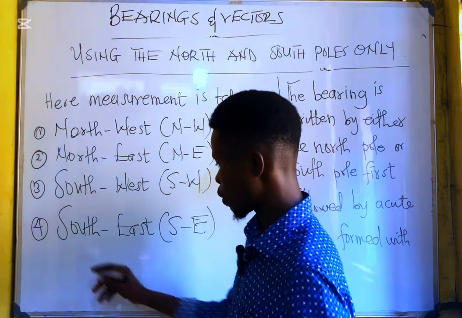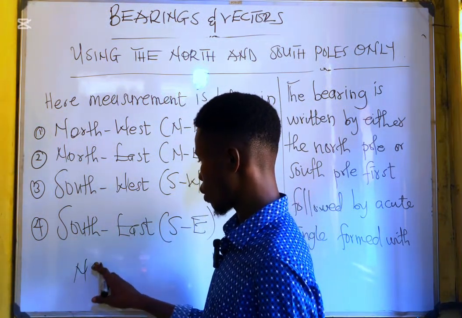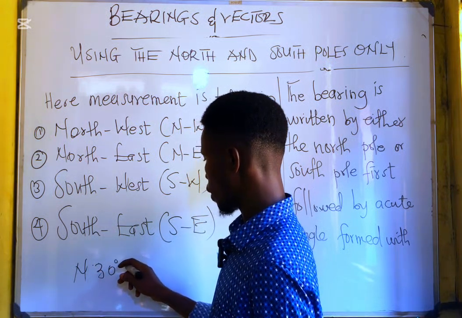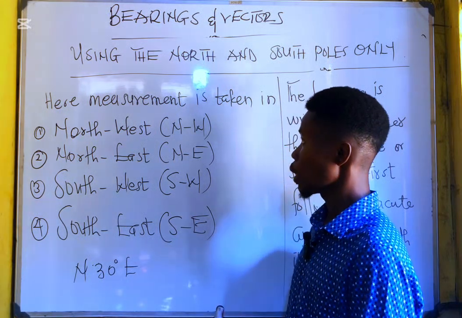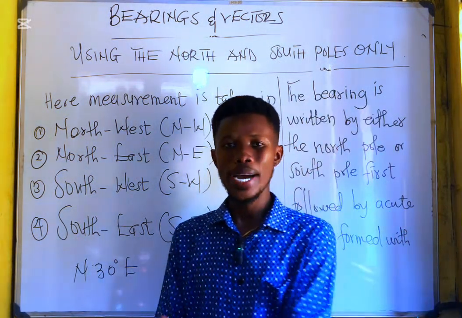An example is this. You can see north 30 degrees east. Seen something like this before? This is why we call it the northeast, or you can also call it compass bearing.